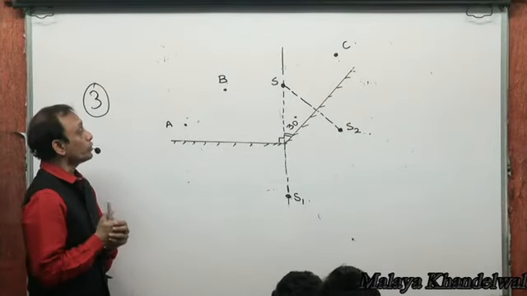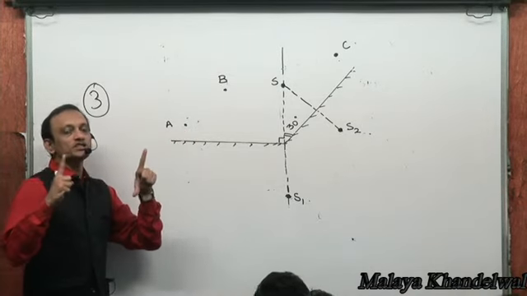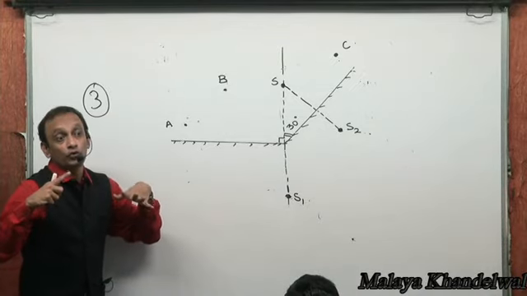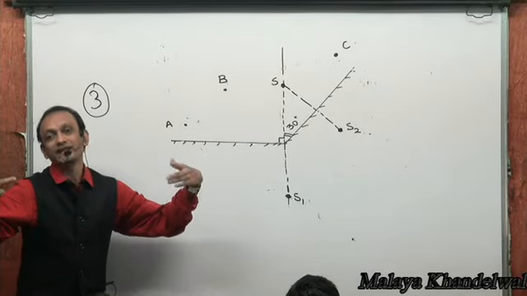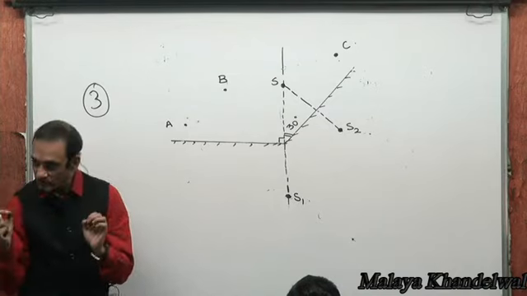Now, look at A. See, if there is a reflected ray that seems to be coming from the image to an observer, then that image is seen by the observer. You know what I'm saying?